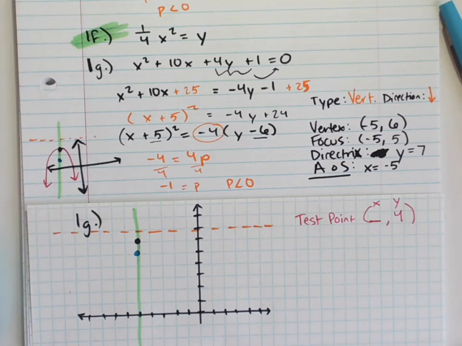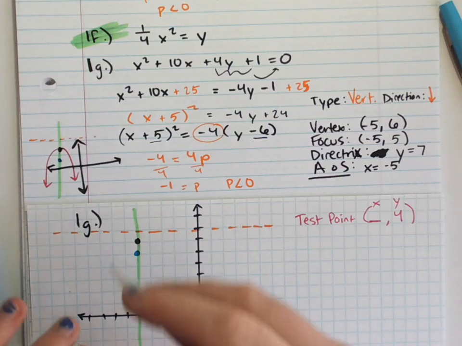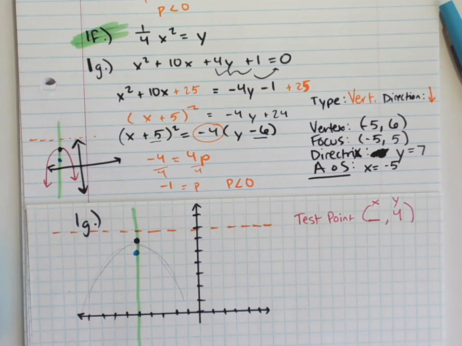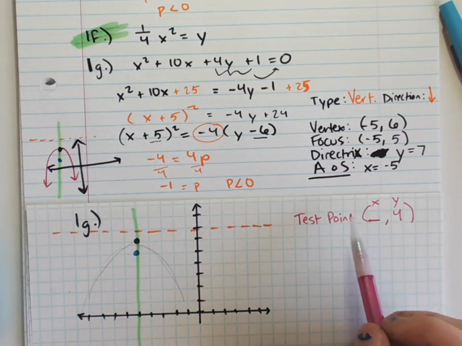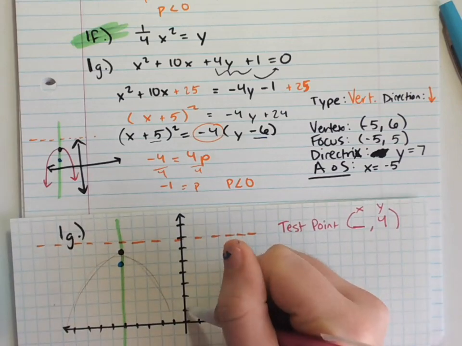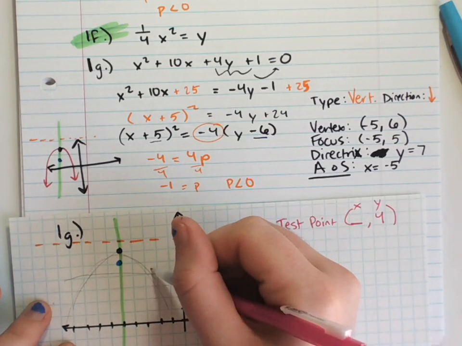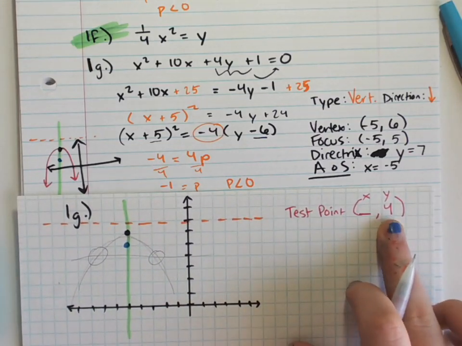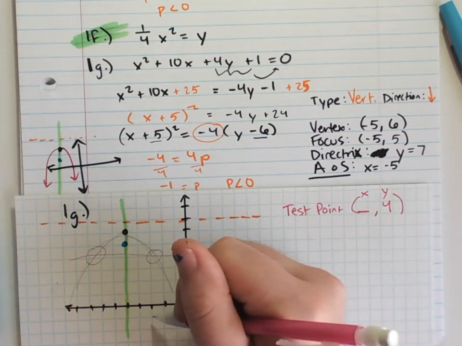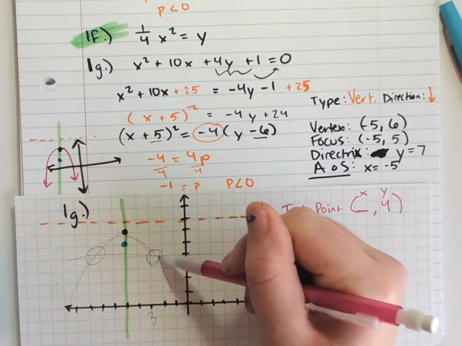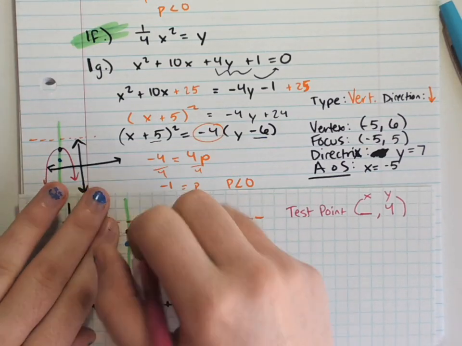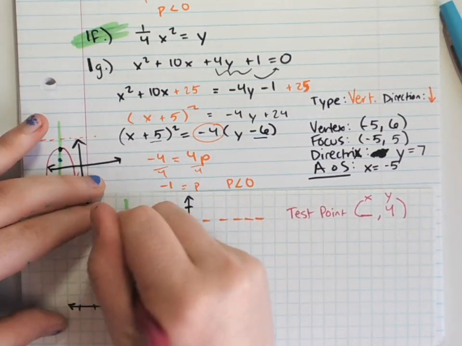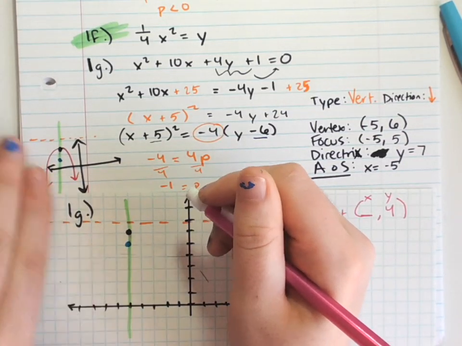Well, the way I see it is if I take my pencil and I sketch the parabola, I don't know how steep it is, how skinny or wide it is, but I know at y equals 4, 1, 2, 3, 4, it's going to hit the parabola in 2 places. That's why I'm testing a y here. If I tested an x, like if I tested 3, it's only going to give me 1 point, but it's going to be easier for me to plot a parabola with 2 points, one on both sides of the vertex. So play around with it. Try both.